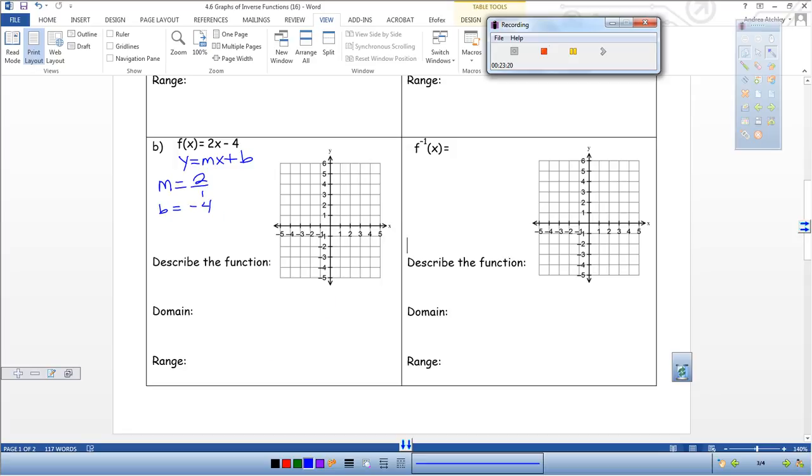Okay, so we're going to begin at negative 4 on the y-axis. And I'm going to go up 2 and over 1. Go up 2 and over 1. Go up 2 and over 1. And so this is my graph, I think.